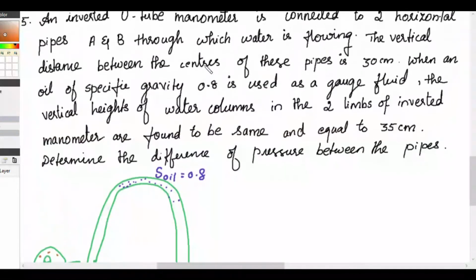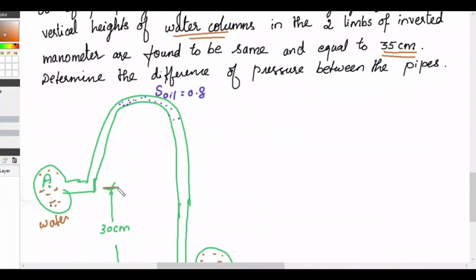Now what is said? The vertical heights of water columns in the two limbs are found to be the same and equal to 35 centimeter. That means from A in the left limb, up to the level of oil, is 35 centimeter.